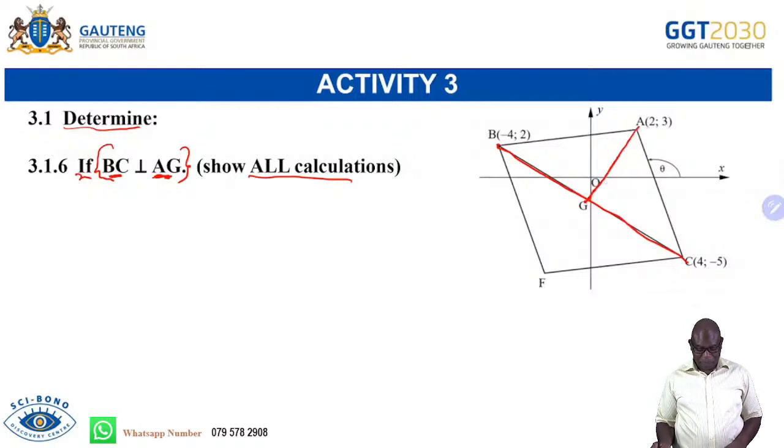But let's see BC. We first need to get the gradient. Remember, for perpendicular lines, and we're using analytical methods, we need the gradient of BC.